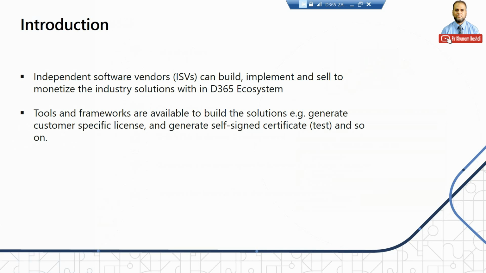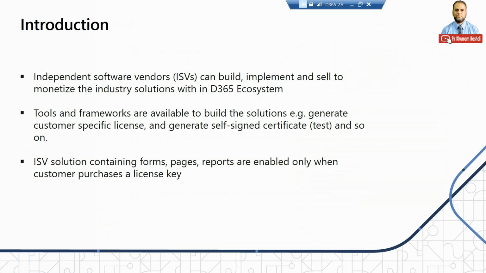For example, you can generate a customer specific license using these tools or frameworks. Also, for test purposes, you can generate a self-signed certificate, or you can generate a paid certificate which can be authenticated by various certificate giving authorities online.